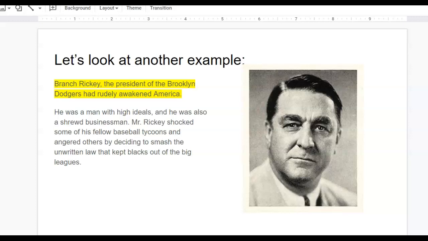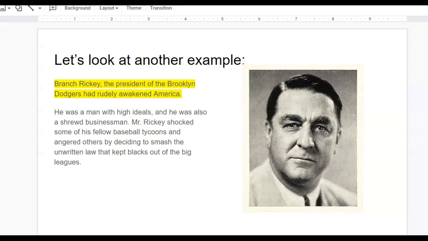So, rudely awakened America is personification. Therefore, the author is not trying to say America woke up from a long nap or a deep sleep. No, what he's trying to convey is that America was outraged or upset that a black man was playing for the major leagues when none had yet done this before.